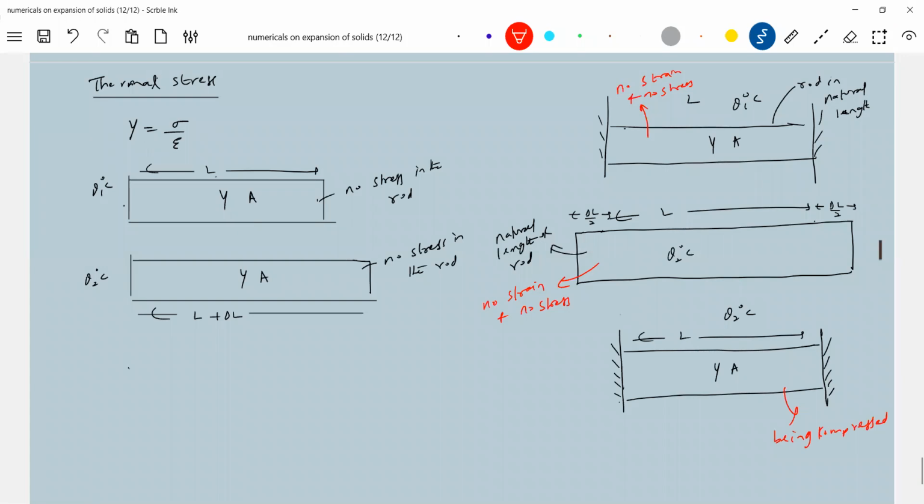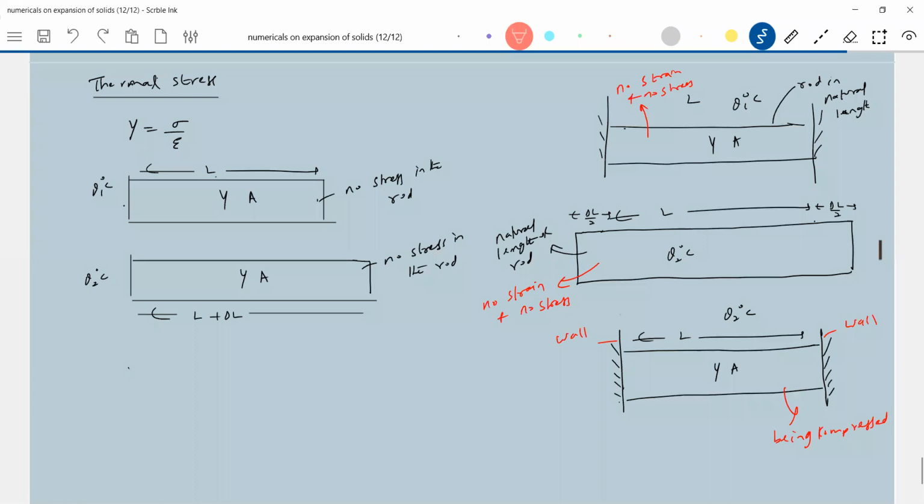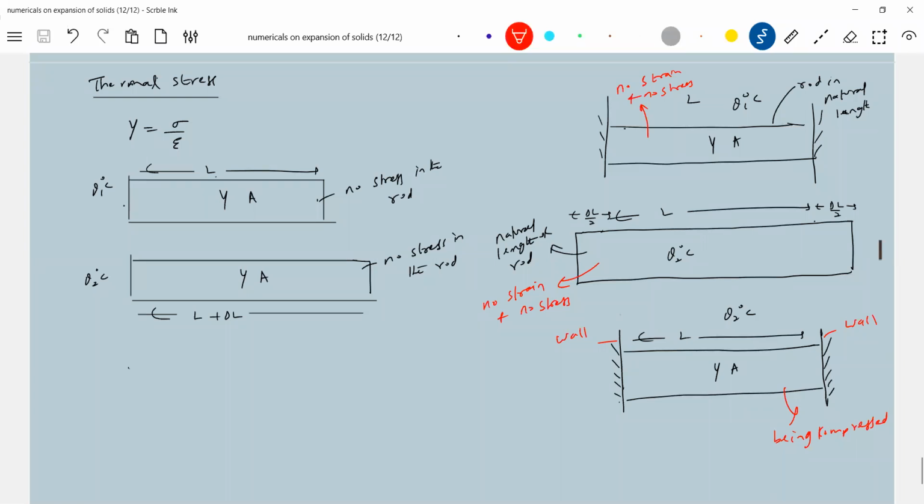The wall will not permit it to expand. So it is being compressed here by an amount delta L. You have to understand the method here. Finish. You can do things very easily here. So it is being compressed, or being stressed.